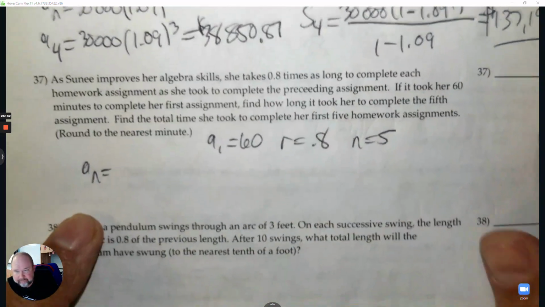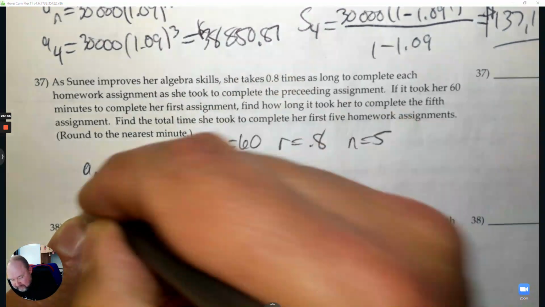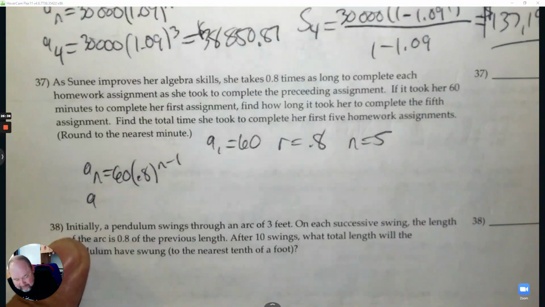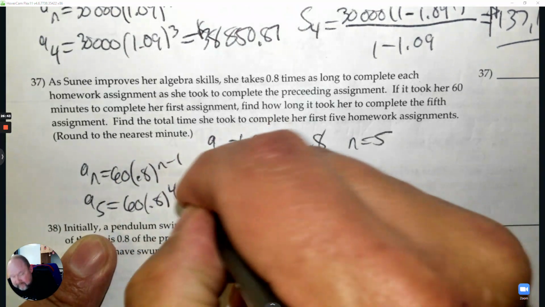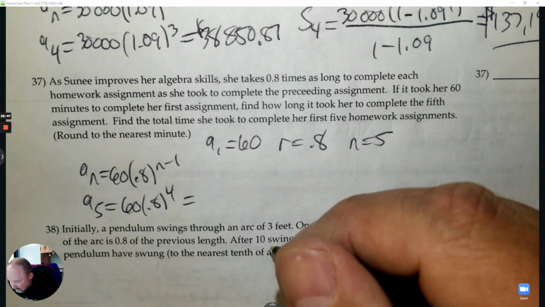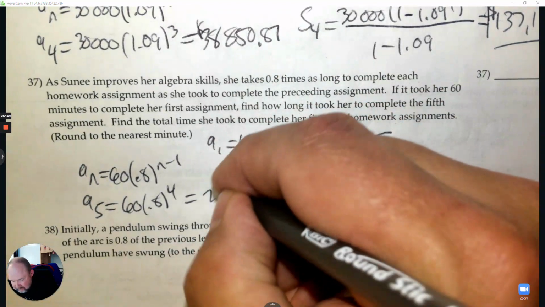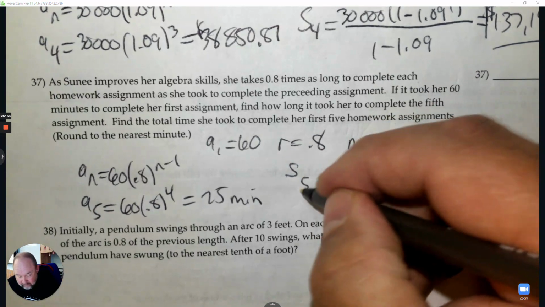So the model is A1 R to the exponent n minus 1. Then I plug in 5 to see how long it takes for the fifth assignment. So 5 take away 1 is 4. So 60 times 0.8 to the 4. That's 25 minutes about.